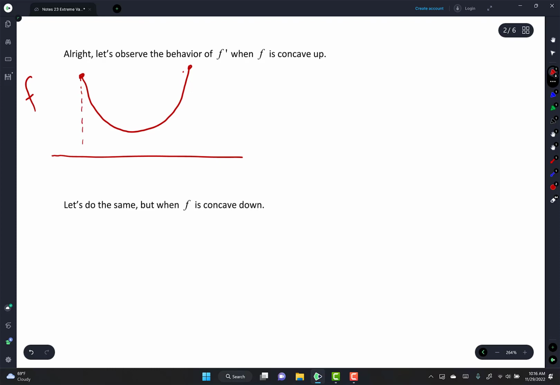I'm going to call this point A. I'm going to call a point in the middle that is still decreasing, point B. I'm going to call this point right there, point C. And then point D and point E. A, B, C, D, E.